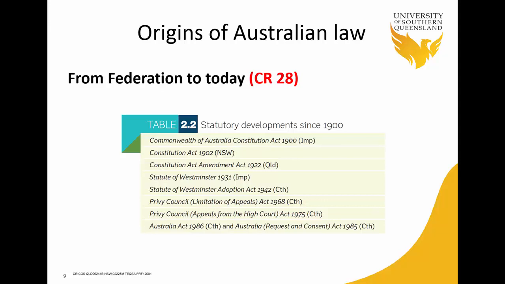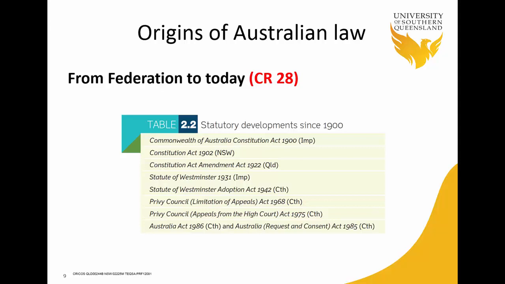However, this Westminster Act did not come into force until it was ratified by the Parliament of each Dominion. In Australia, that ratification had to wait until 1942. As you can imagine, this was linked to the context of the Second World War and the threats that were being perceived in relation to these dominions.